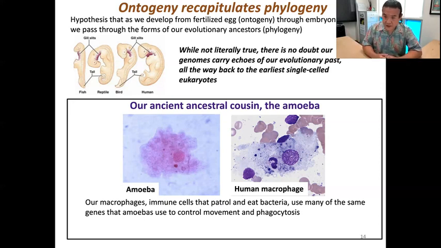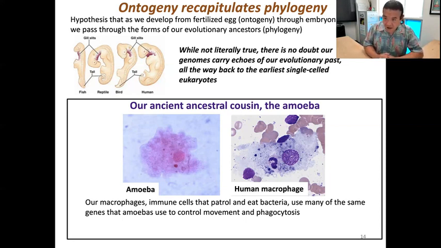How do they consume them? They wrap their cell membrane around them and take things in. And how do they wander around? They wander around in the same way that amoebas do. As it turns out, the genes that make a human macrophage are all part of the genome in our cells in our body.